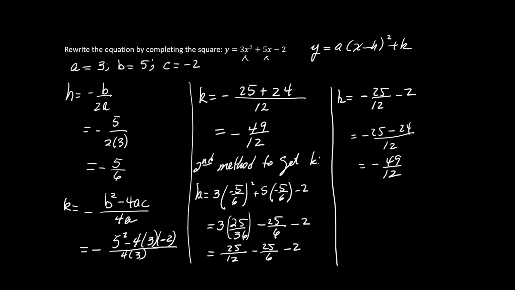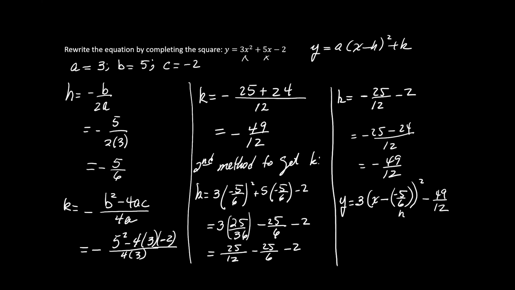So now my final answer, y equals a is 3, x minus h. x minus h is x plus 5 over 6, squared. See, this is h. Minus k, or plus k, k is negative 49 over 12.